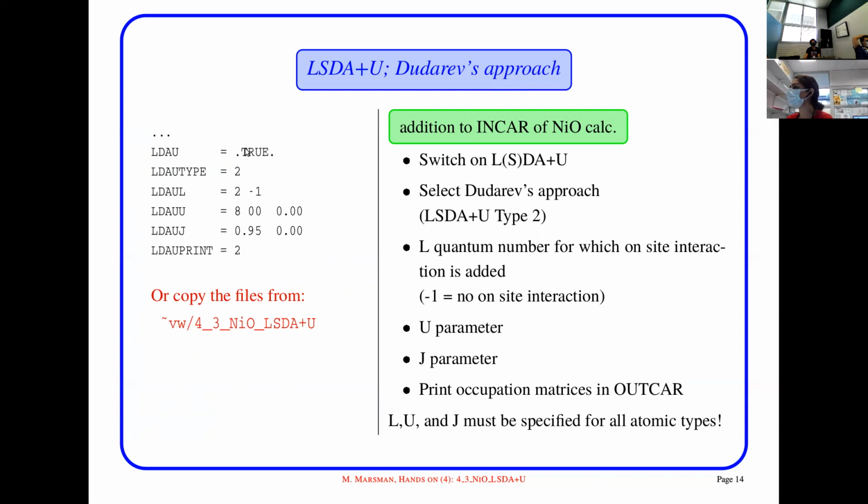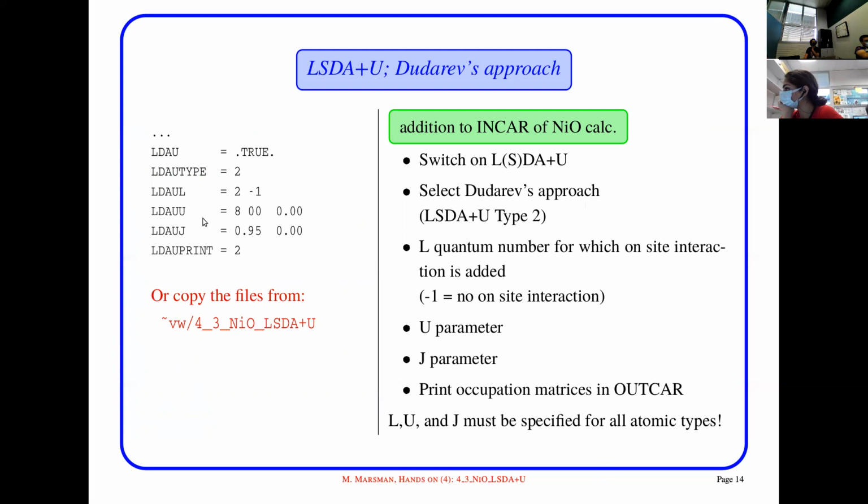Please enable me to do that. Actually, sorry, LDAU is just to do an LDA+U. Then LDAUTYPE equal to 2 is to use the Dudarev approach, because there are different approaches to use. I always use the Dudarev, and the Dudarev is the more common. Okay, so this is true, this is 2.